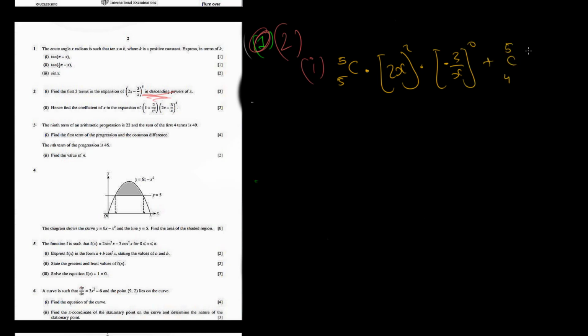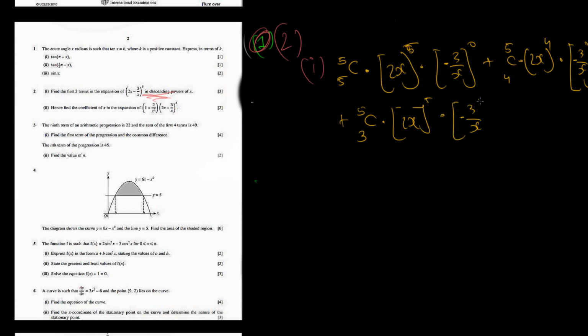Again I'm going in descending order, multiplied by 2x raised to 4, multiplied by minus 3x raised to 1, plus 5 choose 3, multiplied by 2x raised to 3, multiplied by minus 3x raised to 2, my bad, 3 and 2. So you're going in descending order, so you have to go from 5 to 3. You can keep on going, but you don't have to do that because the question just asks you to find the first 3 terms. From this point onward, all you have to do is simply simplify, and that's it.